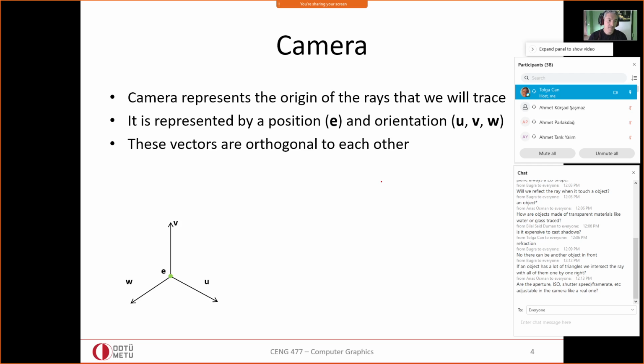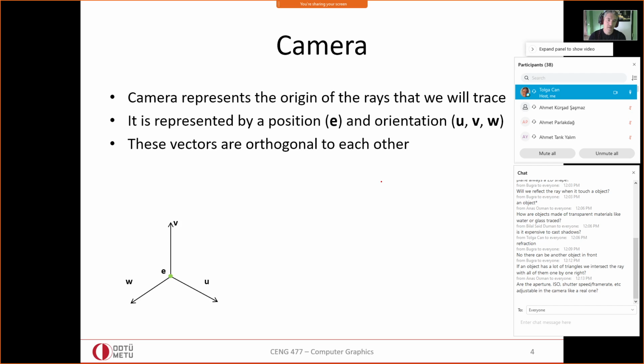Now, the camera aperture, ISO, shutter speed, frame rate, we are not going to talk about them in this course. We will not have those parameters. The only parameter that we will be adjusting is like zooming in and out. We will be adjusting the distance of the image plane to the focal point.